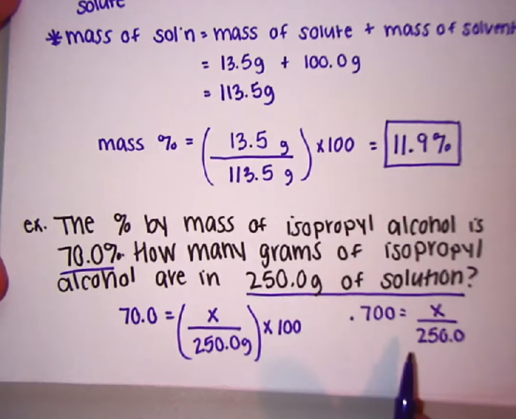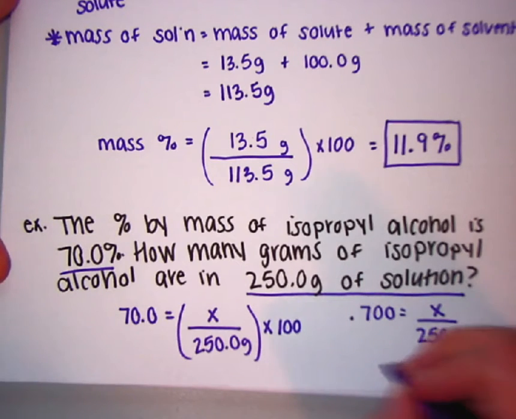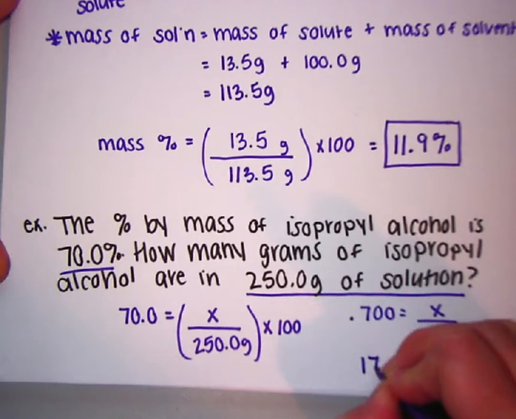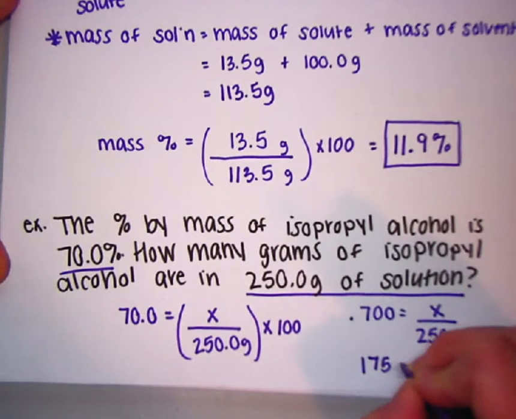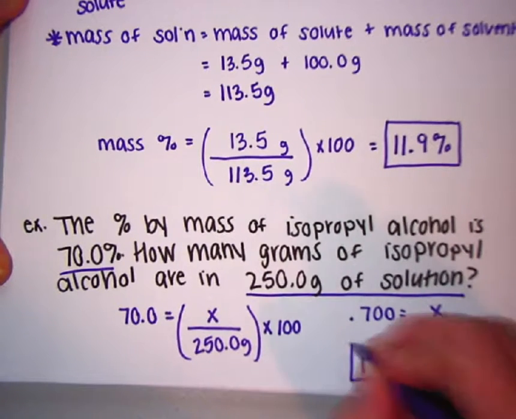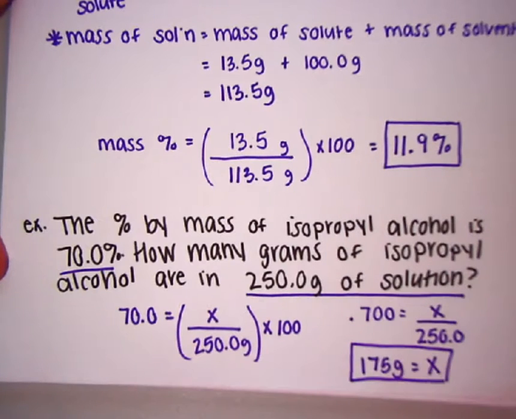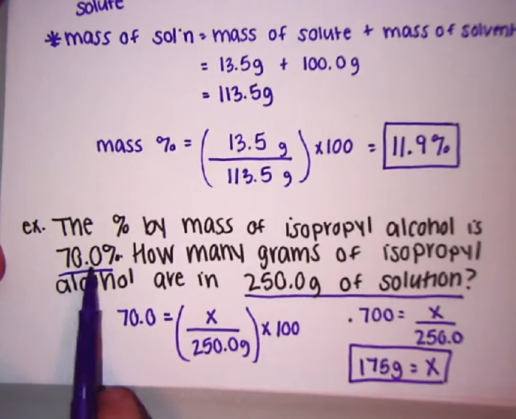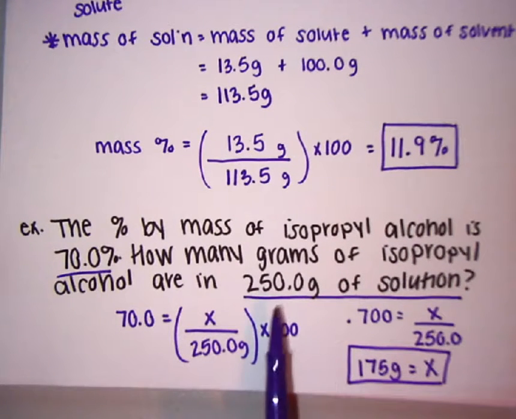And then I could multiply 250 times 0.7, and I would get 175 grams as the mass of my solute. Again, we always want to look at significant figures. 70.0 has 3 significant figures. 250.0 has 4 significant figures. We're always going to use the smaller number.